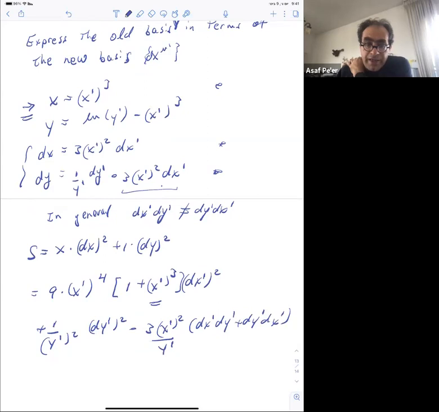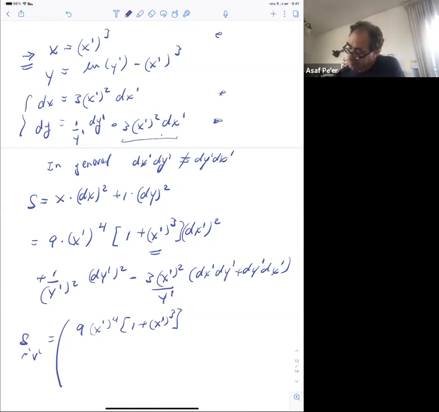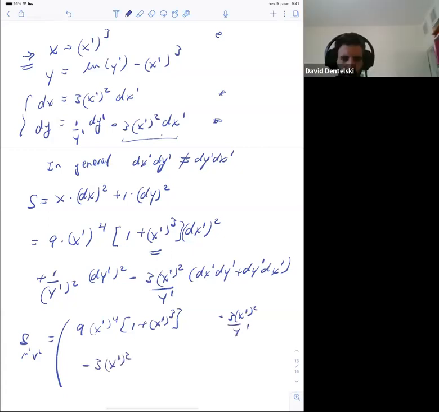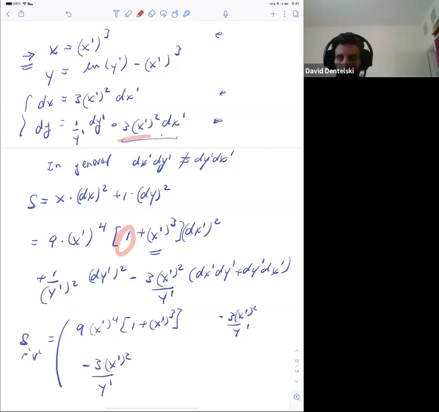If I want to express that in matrix form, I'll simply write down g mu prime nu prime. It's 9x prime to the power 4 times, 1 plus x prime cubed. Here I'll just have a minus 3x prime squared over y prime, and the same here, it's symmetric. Wait, Asaf, in dy, shouldn't you multiply the 3x prime squared dx prime also? Yeah, that's the origin of the 1 that I got here. Ah, okay, sure.